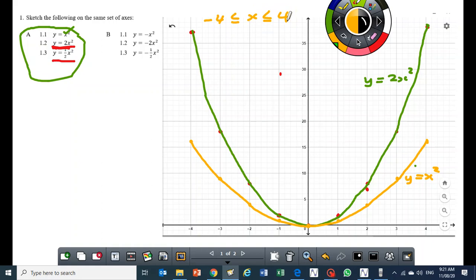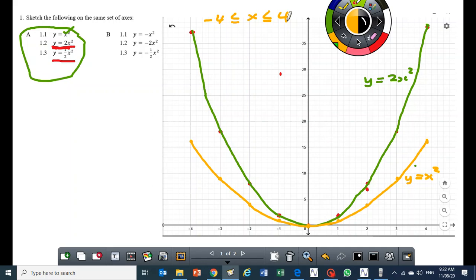The reason why I chose that domain is that there are 3 graphs, and they are supposed to fit on the same system of axes. If I choose a bigger domain, or a smaller one, I can end up having some complications. But I decided to choose this one anyway. So that's how it looks.